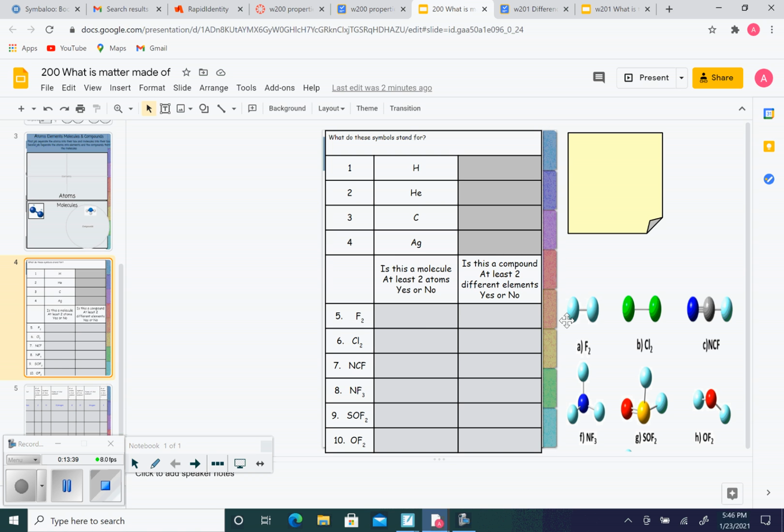Is this also a compound? A compound has to have 2 different elements, meaning it must have 2 capital letters at least. This just says F2. So that only has, F is 1 capital letter. So this is not a compound, so you write no here. Okay? So remember, these all pertain to these over to the side. All right?